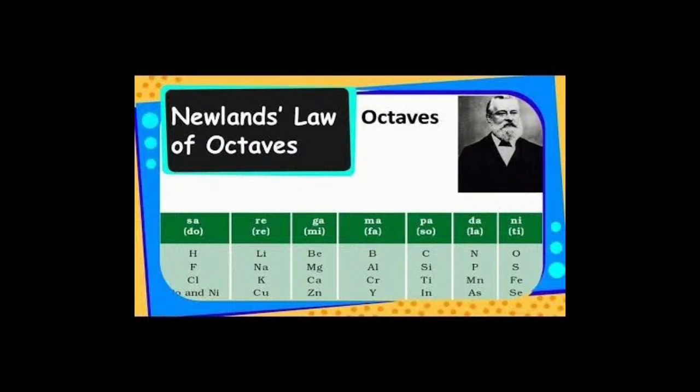How many are there? 1, 2, 3, 4, 5, 6, 7. Okay. So he kept 7 elements in one row, and the 8th element comes below. Fluorine comes below hydrogen. Elements in order of increasing atomic masses, and he kept 7 elements in one row, and he kept the 8th element below the first element.